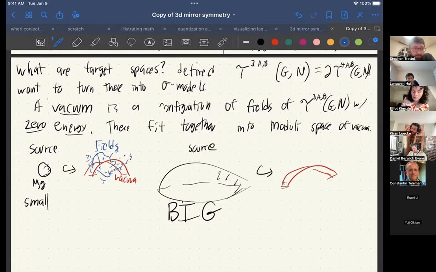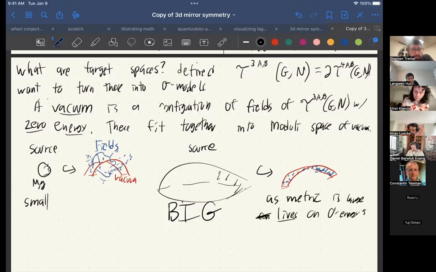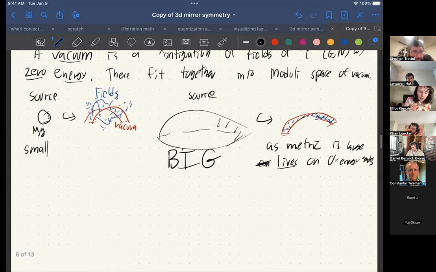So we have this low energy approximation to our quantum field theory, which says that as the metric gets large, it concentrates, or lives, on the zero energy states. And any quantum field theory you start with will converge to a sigma model on the moduli of vacua.